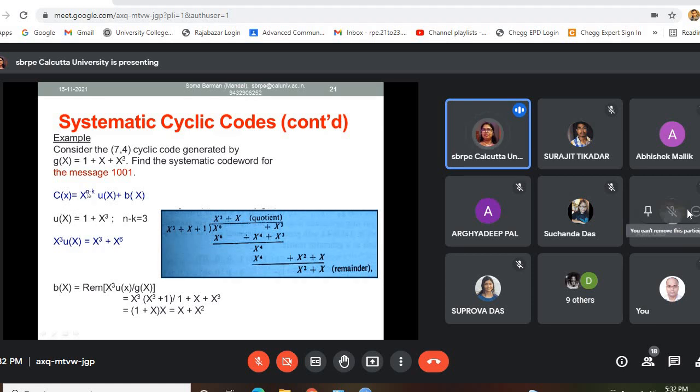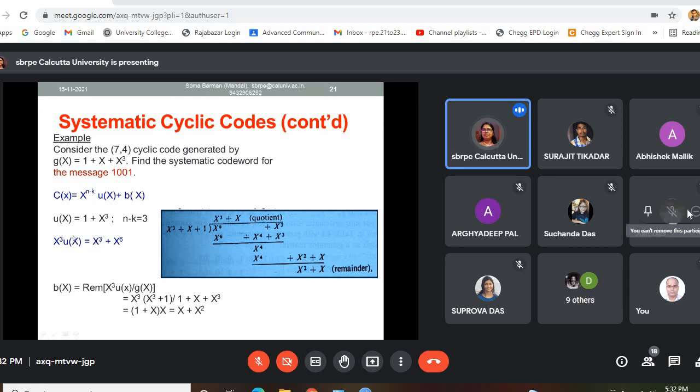And x to the power n minus k, that means n minus k equal to 3. So x cube multiplied with 1 plus x cube. So you are getting x cube ux is x cube plus x to the power 6.